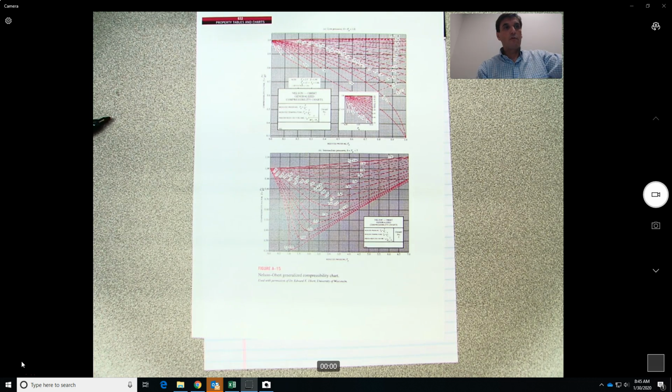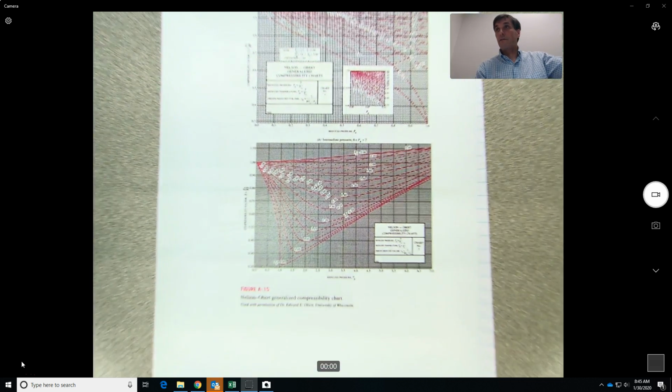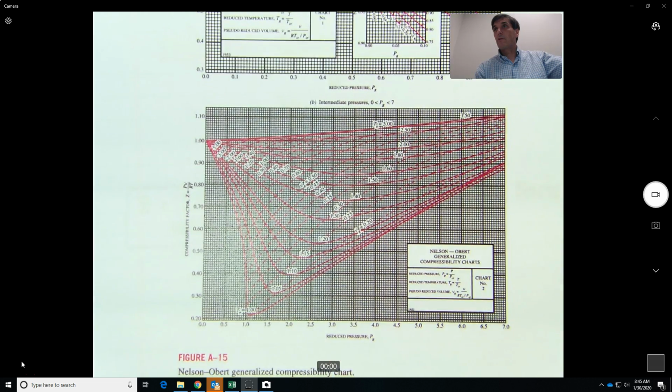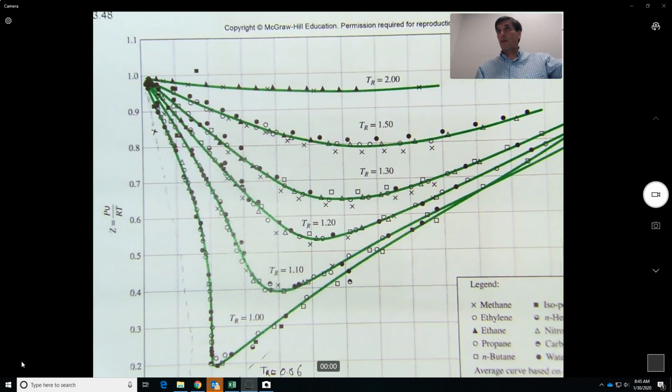I can zoom in if you want, but it is really hard to see. Let's see. Okay, I'll zoom in over here. So I decided to just take one from the book, this one.